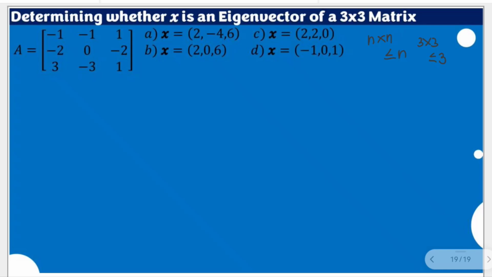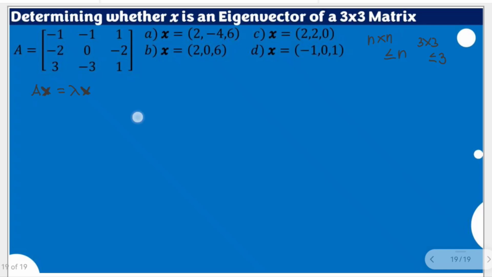So how do we determine whether these x vectors are eigenvectors? It should satisfy this equation, where the product of matrix A and the chosen vector x must be equal to a certain lambda times the same vector.